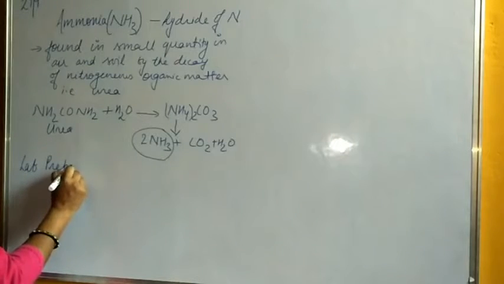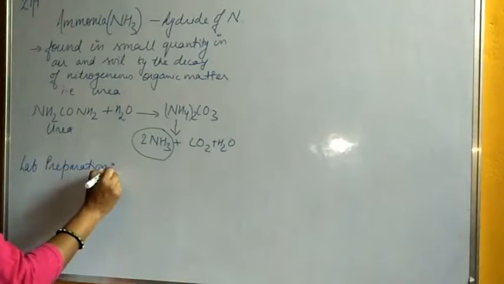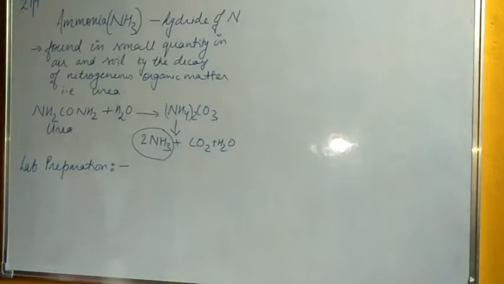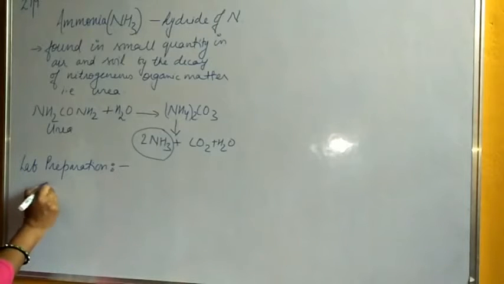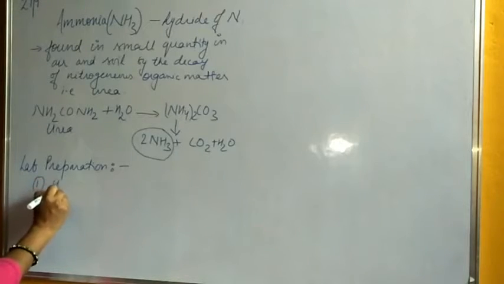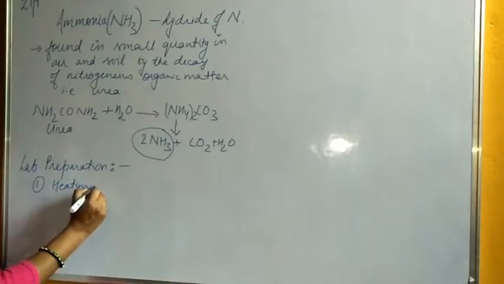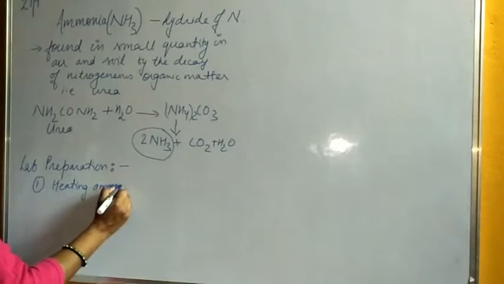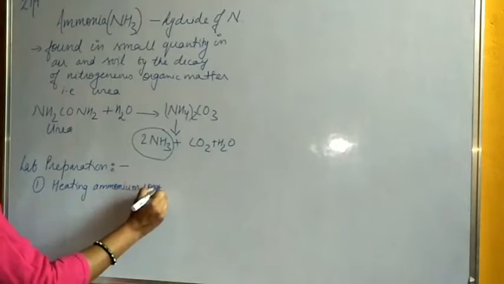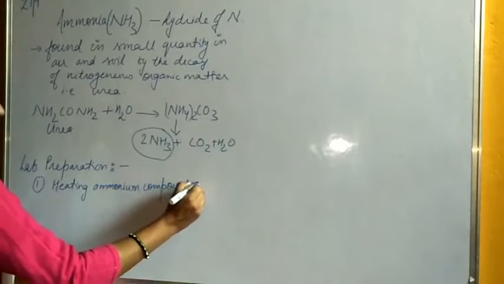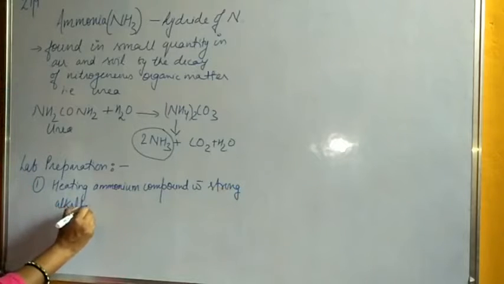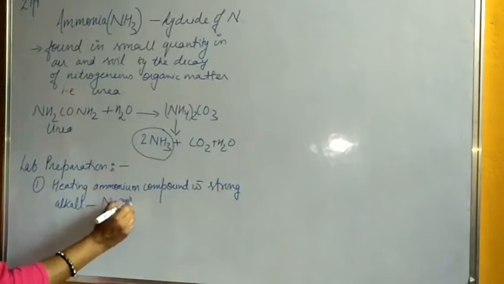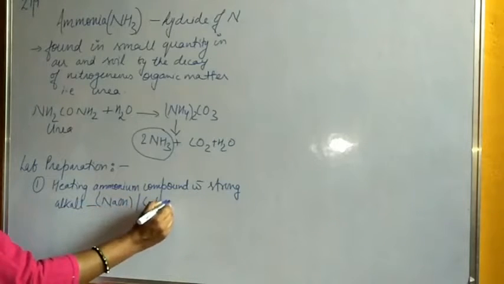Now the lab preparation, right. So the ammonia can be easily prepared by heating the ammonium compounds with strong alkali like NaOH or calcium hydroxide, right.